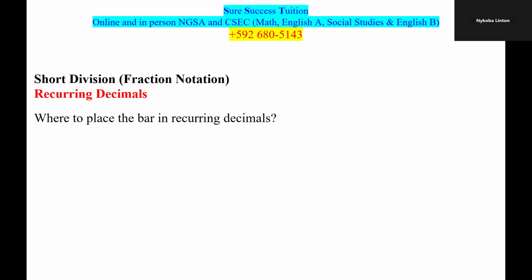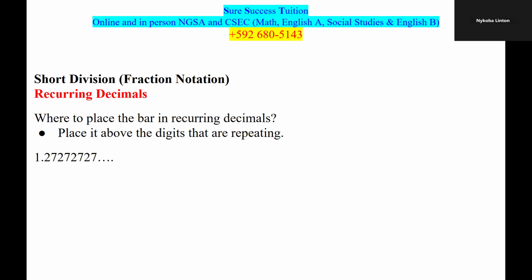So just some clarity to understand a bit further where we place these bars. We place the bar above the digits that are repeating. So for example, if we had 1.27272727, we notice that pattern 27, that pattern of digits 27, that is what is repeating.